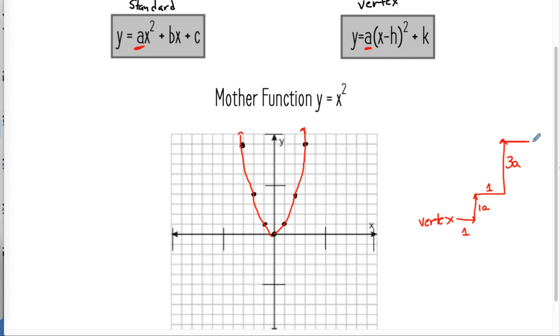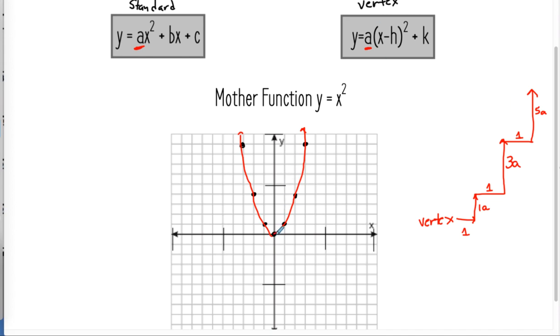To get to the next point, I still go over one value on the x, and I go up 5 times a. So it's very easy to remember because this is an odd sequence: 1, 3, 5, and the next one would be over 1 up 7a, over 1 up 9a. And that's all I did right here.